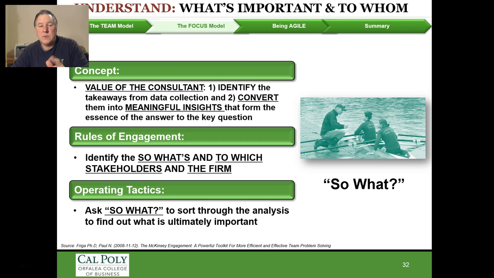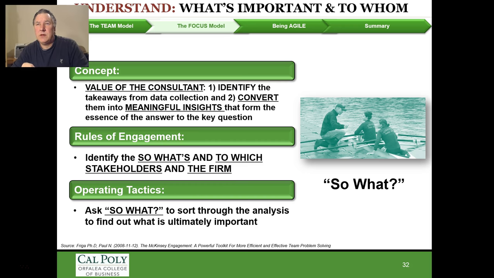So your rules do involve, it's called the so what and to whom. Not only is key to the firm, but also the key stakeholders. You need to understand that. In many cases, you have owners of firms, so they're going to want to know because the firm health is going to be important.